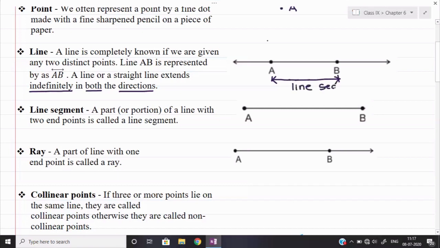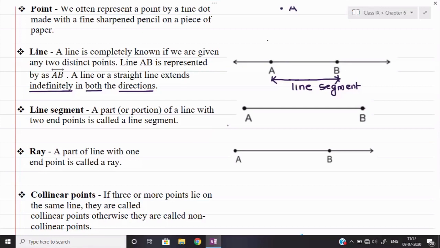The same figure you are seeing in the second figure over there. So in the second figure you observe the same thing they are going to explain. A to B, if we take any particular part of a line from two endpoints, for example one point is A and another point is B, then between those two endpoints, whatever segment of the line comes is called the line segment.